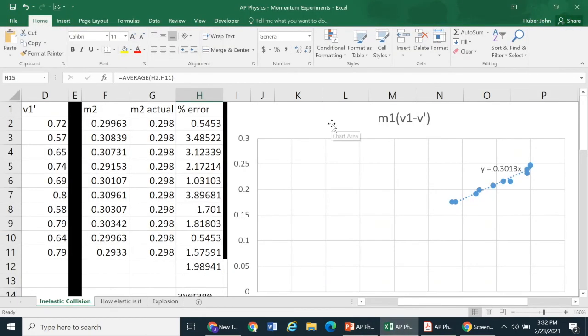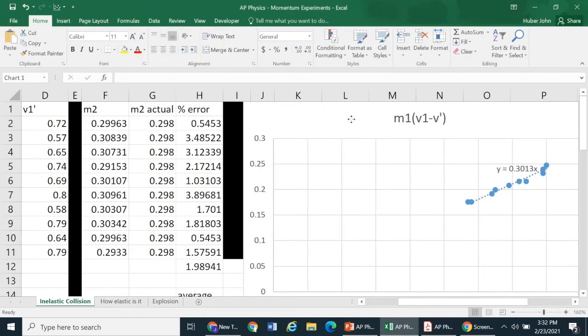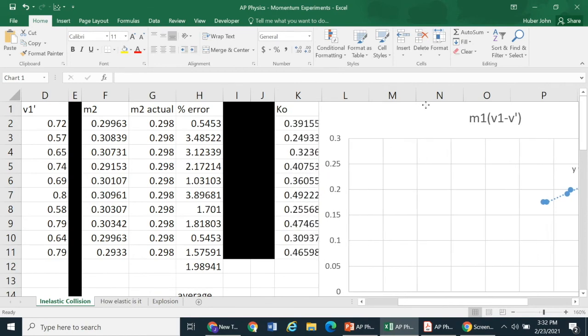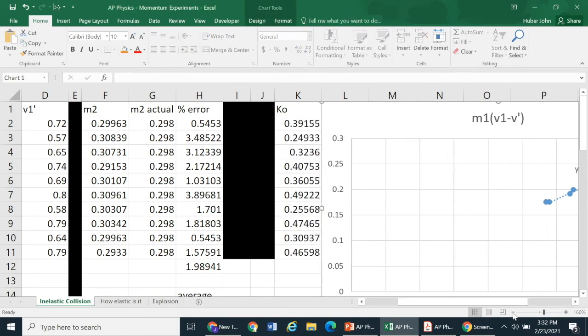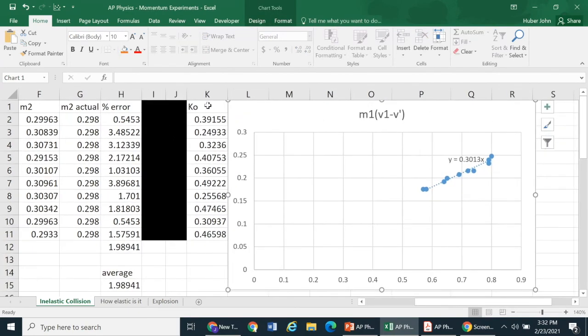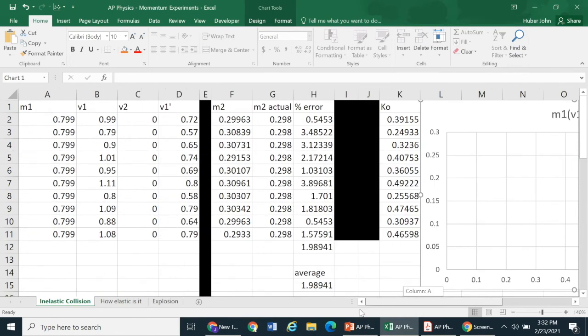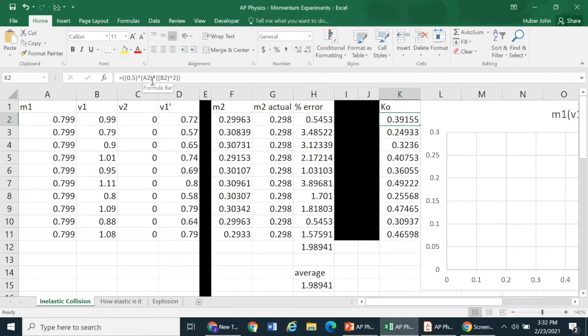Let's do an experiment. And as we mentioned, all the data that we were initially measuring was enough to be able to perform the experiment. So as you can see, I could use all of the information I already had to calculate the initial kinetic energy in the system. Notice the equation I used is just 1/2 m1 v1 squared.